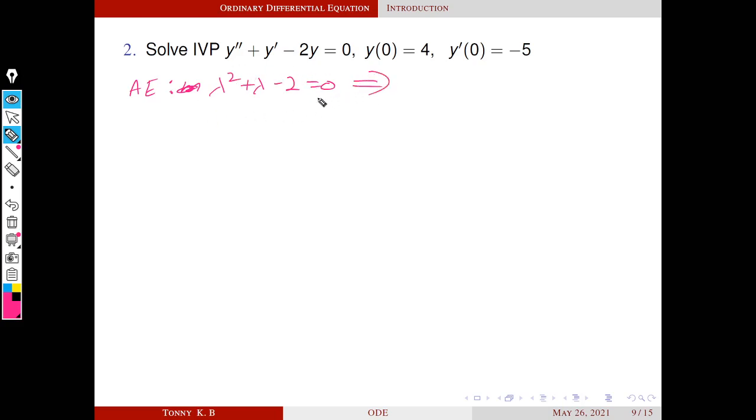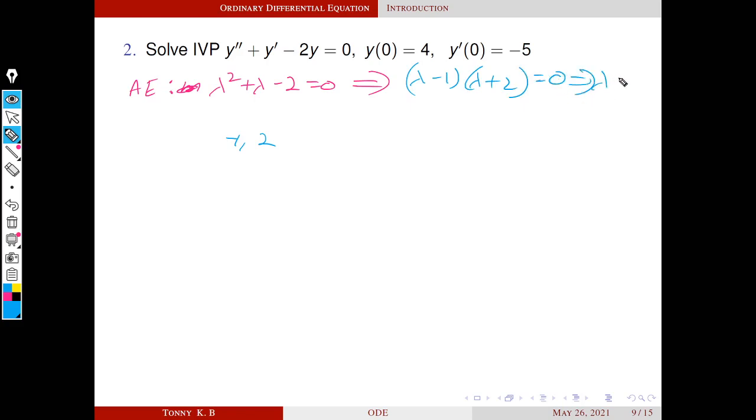To factorize it, the sum is 1 and the product should be minus 2, so the numbers are minus 1 and 2. So we can factorize this as lambda minus 1 into lambda plus 2 equal to 0.